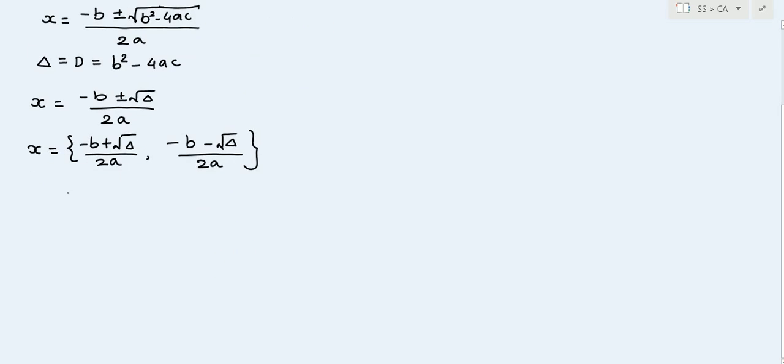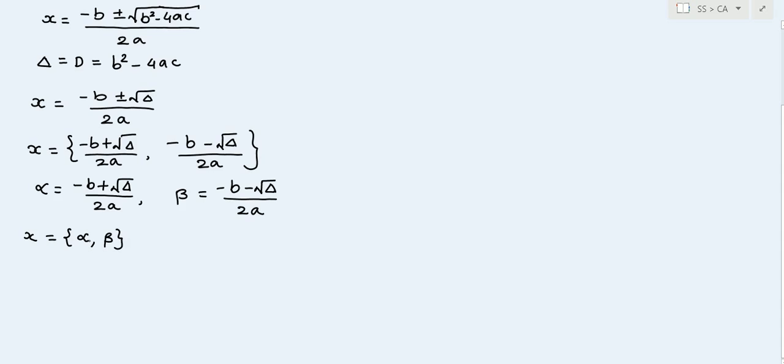Now we are taking here alpha equal to minus b plus under root of delta upon 2a, and beta equals to minus b minus under root of delta upon 2a. Okay. So the solution can be written as x equal to alpha comma beta.